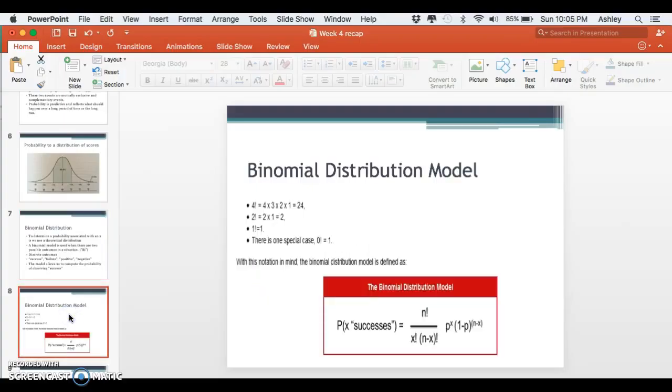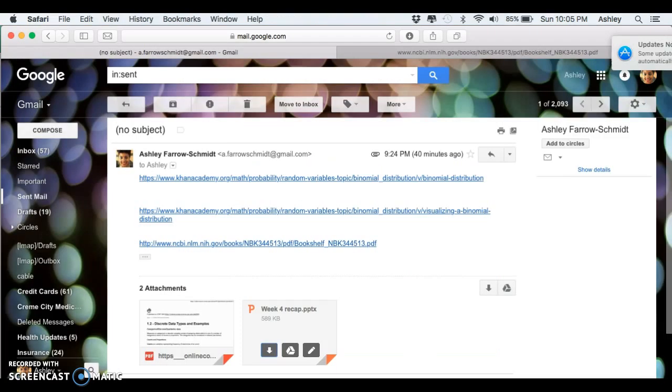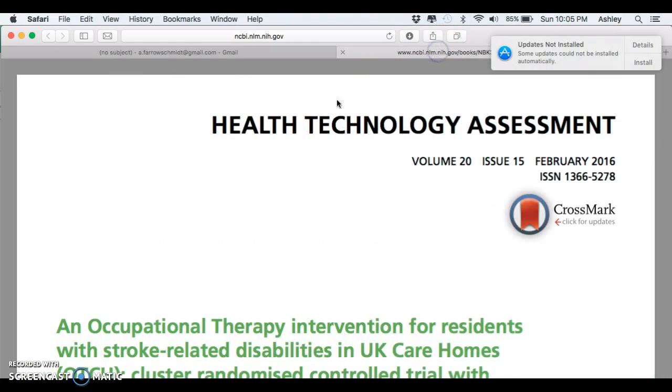Now, this is the binomial distribution model. It's using factorials. I'm not going to go into detail about this because I'm more so showing you this so that it's not unfamiliar when you're looking at it. And some studies will use this.